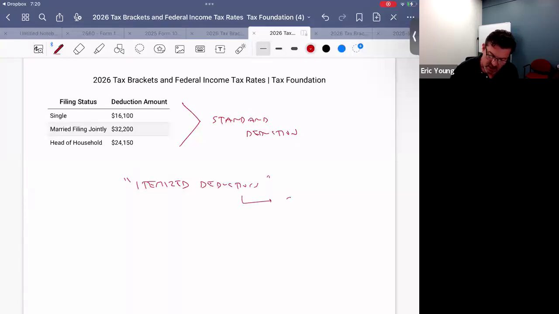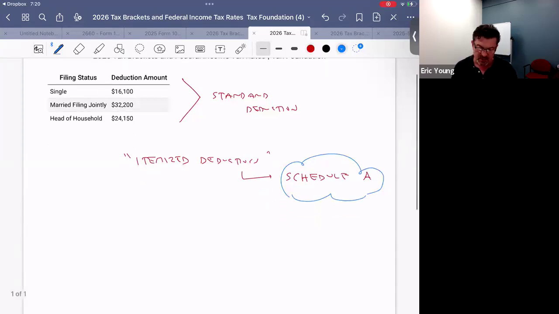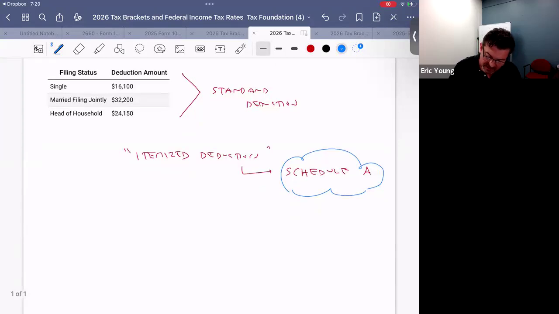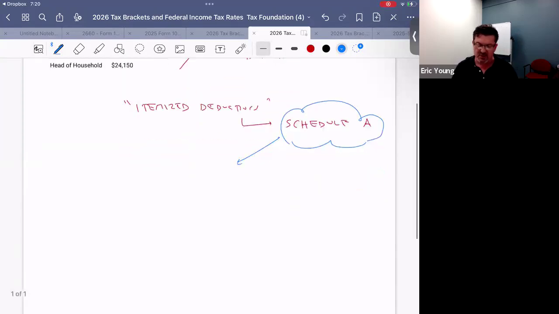Itemized deductions are done on a schedule known as Schedule A. Schedule A is the itemized deduction schedule. What are some of the things that you can itemize on your Schedule A?